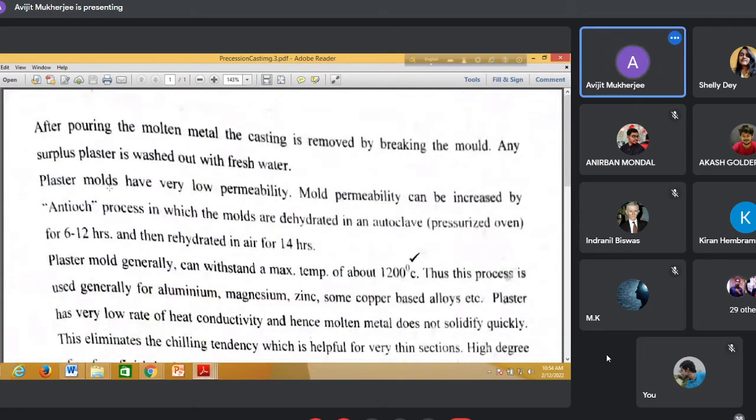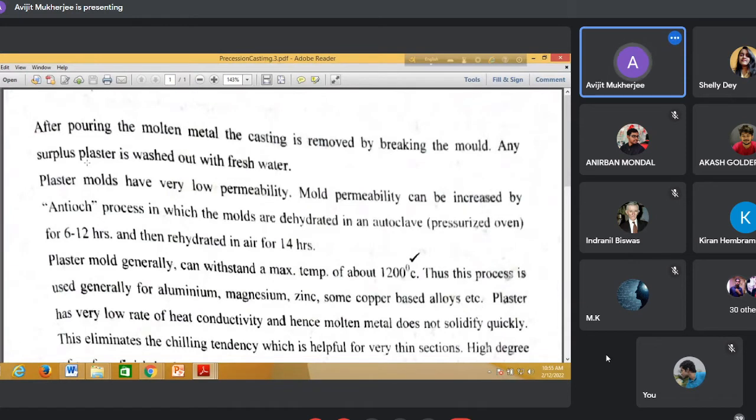Then you pour the molten metal, allow it to solidify for some time, and after solidification, break the mass. What is the advantage? You may just use a flush of water to remove the adhered plaster of Paris from the job. Just wash it thoroughly, and it will be clean.